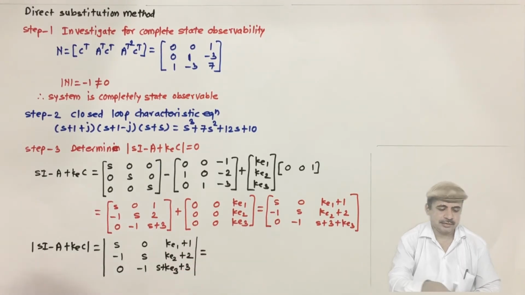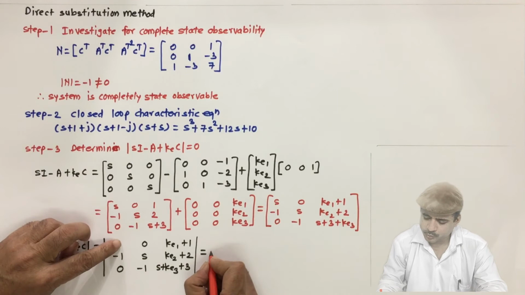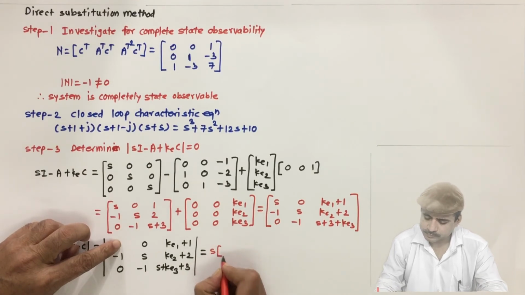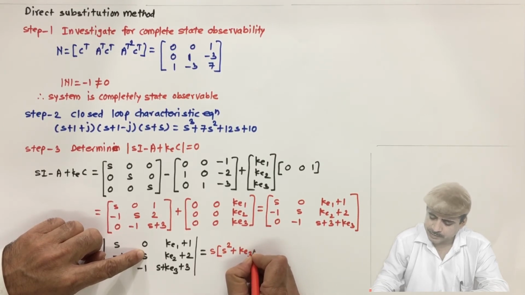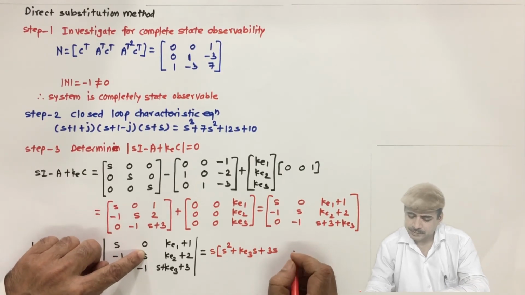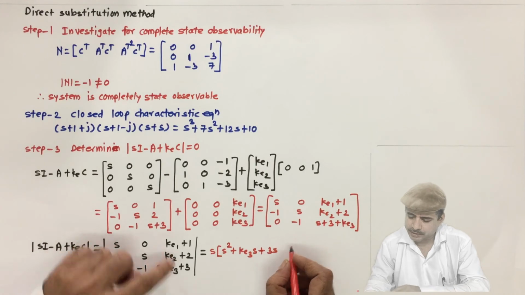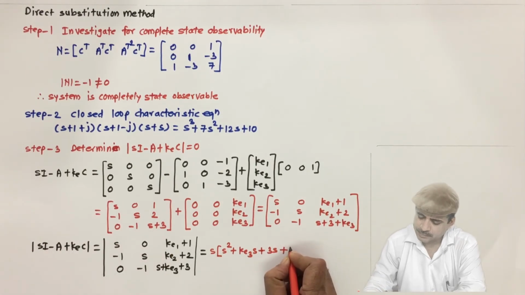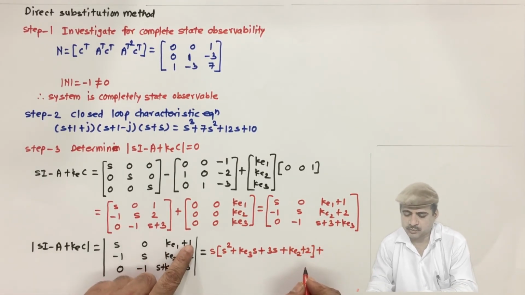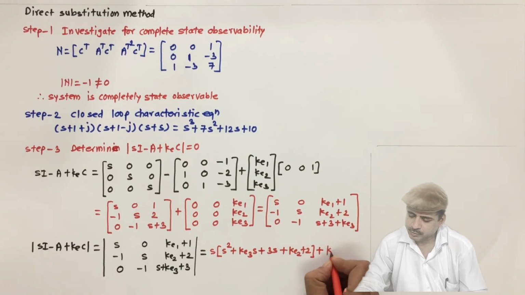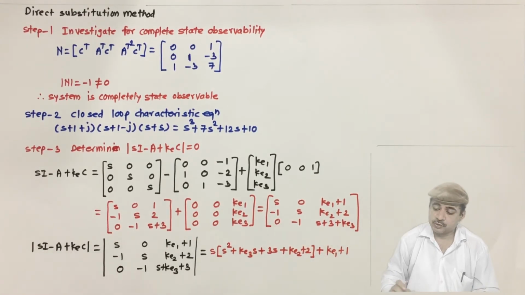And this is nothing but S into S square plus KE3 S plus 3S, plus KE2 plus 2, plus KE1 plus 1 into 1. So KE1 plus 1. So solve this very carefully.